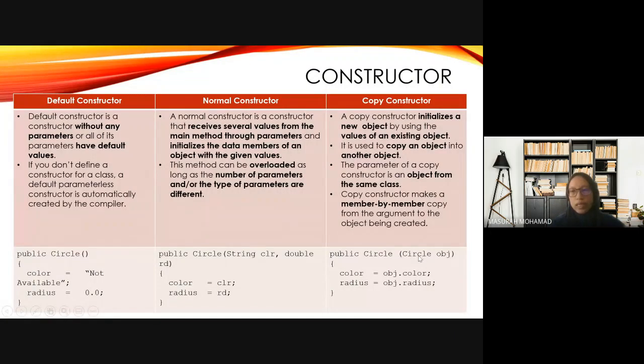Circle ini nama kelas and then apa objek dia? obj for example. So if you want to give the value to the color, you need to call the object, obj.color, something like that. If you want to give the value of radius, you need to call obj in front of the radius. Something like that.